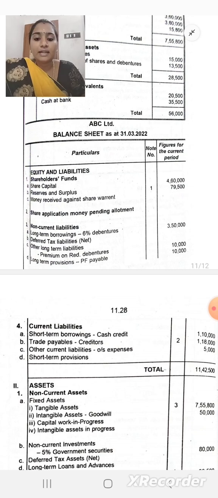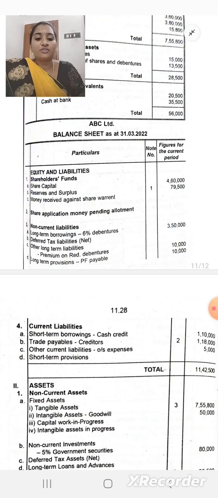Short-term provisions. Some items will appear in short-term provisions, that we are going to enter in current liabilities. So here short-term borrowings, cash credit 1,10,000, trade payables, creditors, that is in working note 2, 1,18,000, other current liabilities that appeared in the question, 5,000 rupees.